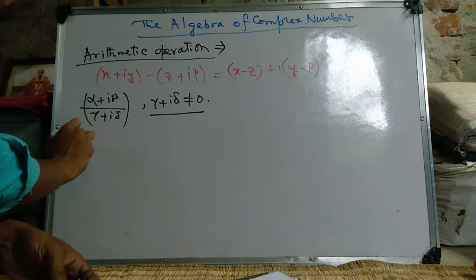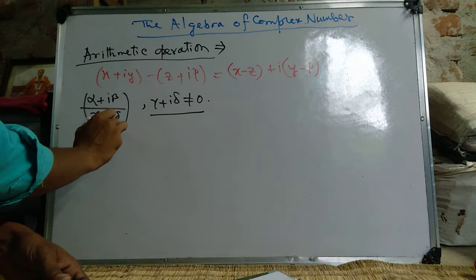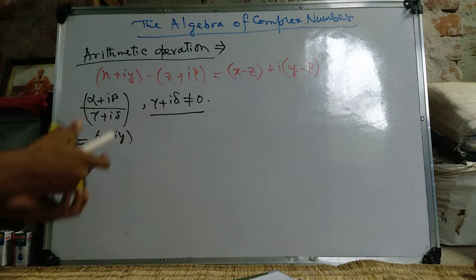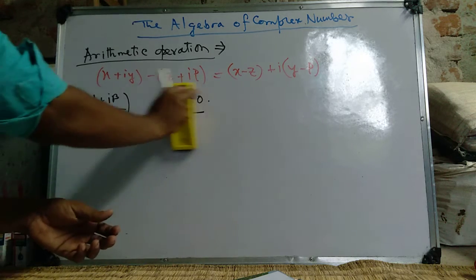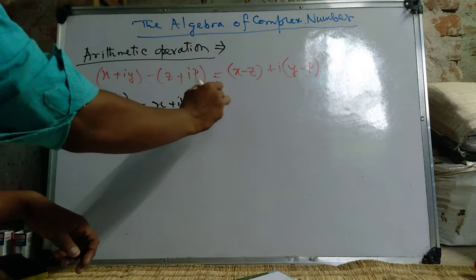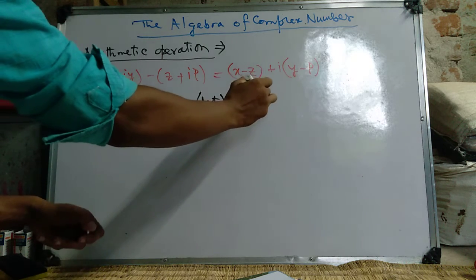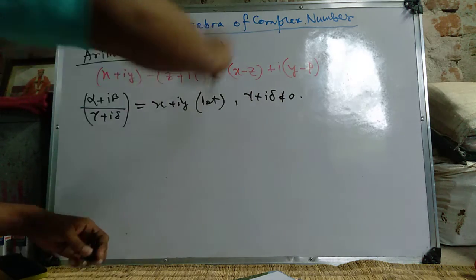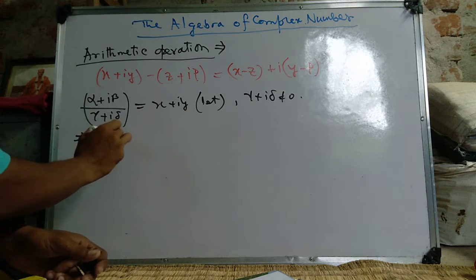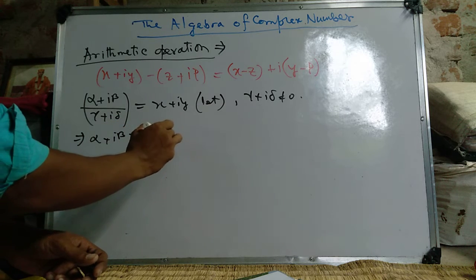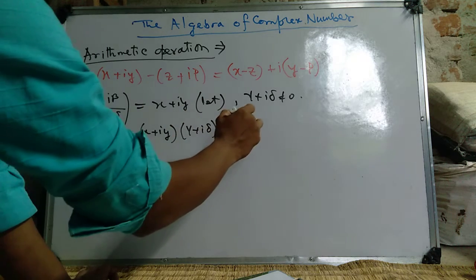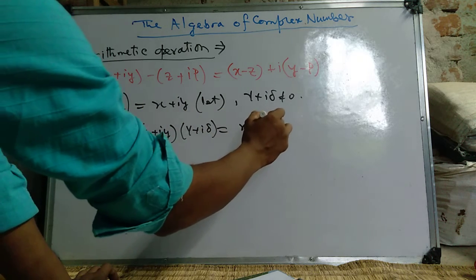Next we denote this quotient as x plus iy. Let this be possible, with gamma plus i delta not equal to 0. Then we find alpha plus i beta equals x plus iy multiplied by gamma plus i delta.